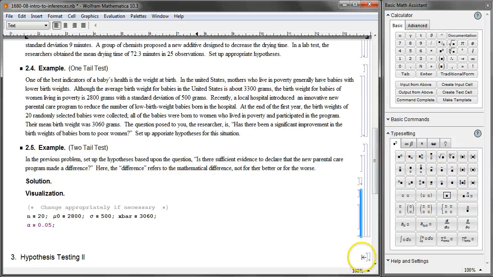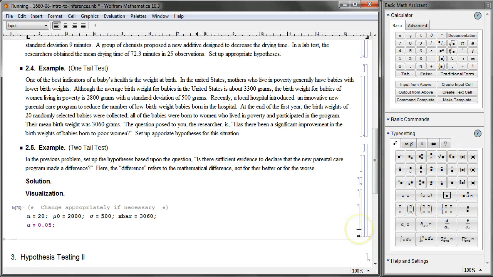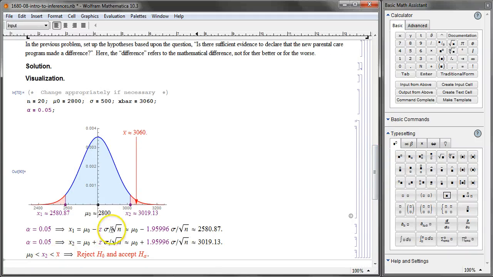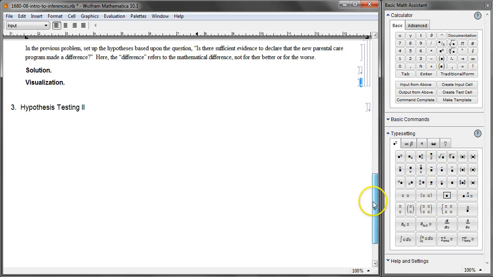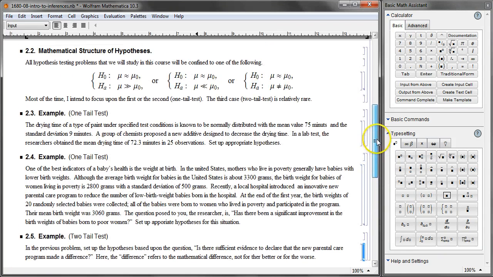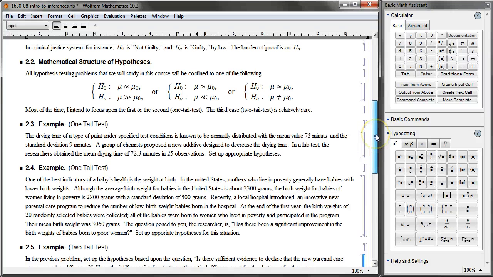Okay, here is a visualization. We have a normal picture around 2,800, and then 3,060 is relatively far away or close enough to the null, depending upon a kind of threshold. How far is far enough and how close is close enough, which we call the level of significance. We're going to talk about those in a separate video.